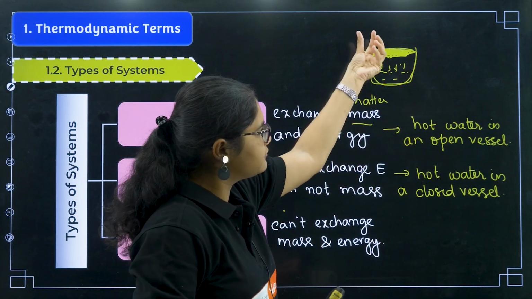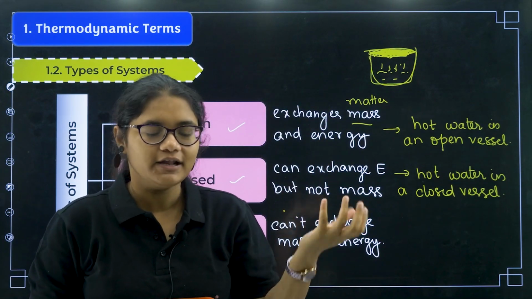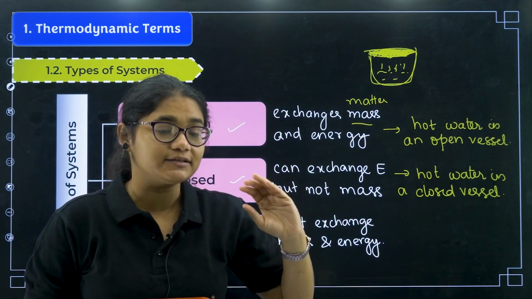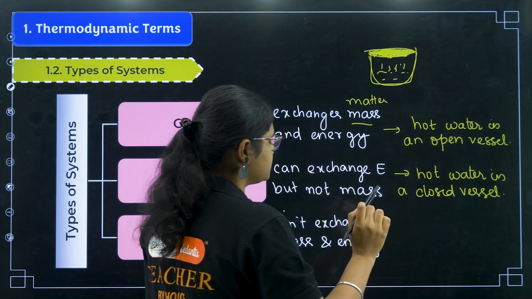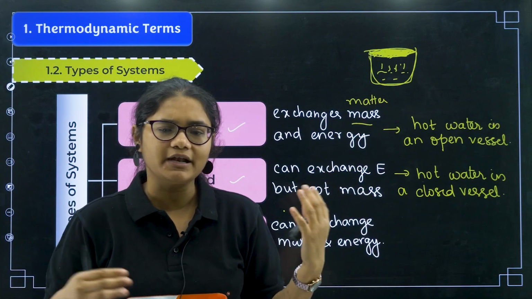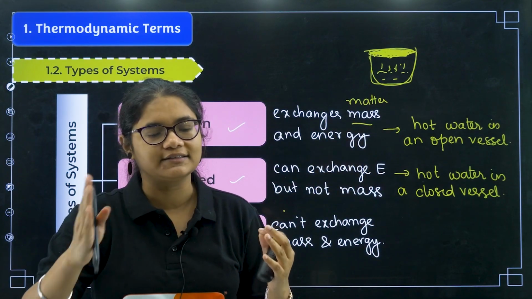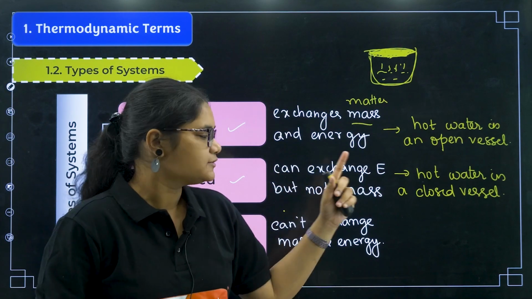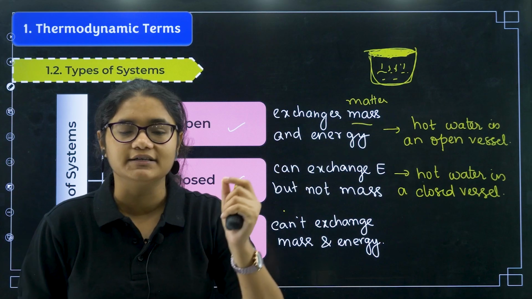Water vapors will form, hit the lid, and condense again there. So there is no evaporation and no loss of matter, so there will be no exchange of matter. But yes, this one will also become cold after 2-3 hours. That means exchange of heat has taken place. So that is what we call a closed system, where there is exchange of energy but no exchange of matter.